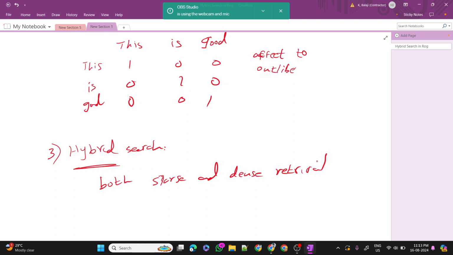The advantage of hybrid search is that it will improve recall and precision. We know recall and precision, and it will get more relevant context, and it is also flexible.